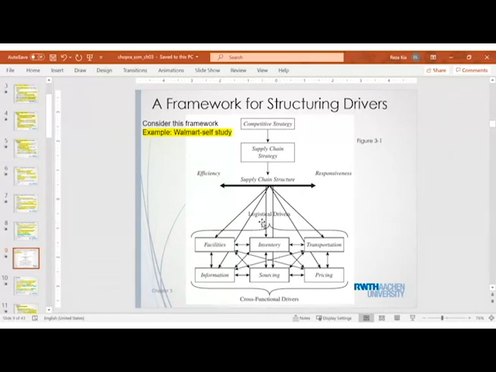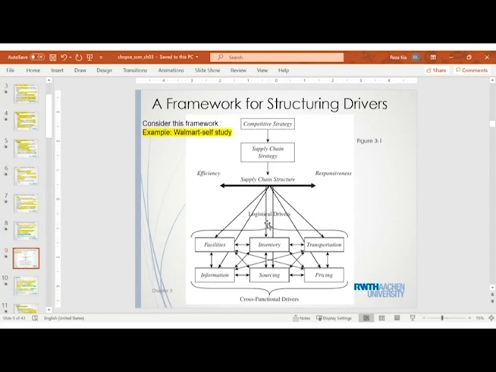What are the logistical drivers? Facility, inventory, and transportation. What are the cross-functional drivers? Information system, sourcing, and pricing. If you want to differentiate between logistical drivers and cross-functional drivers, it's not difficult.